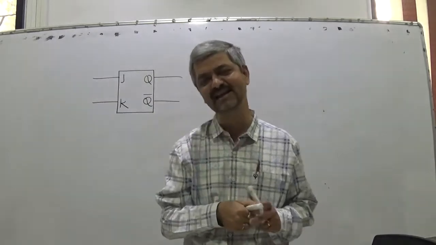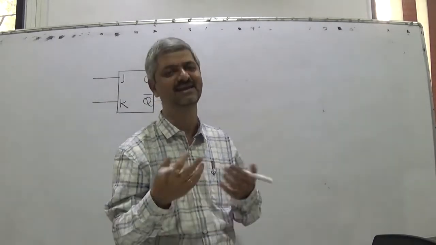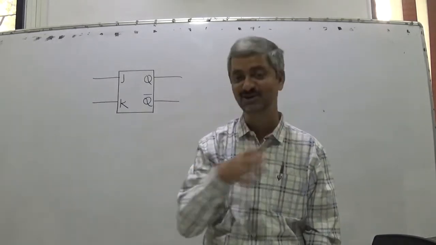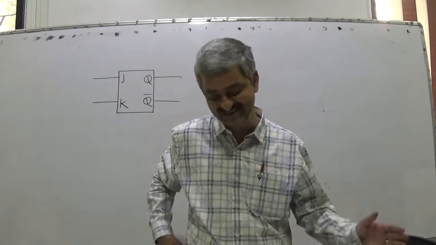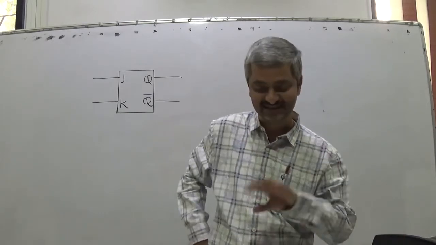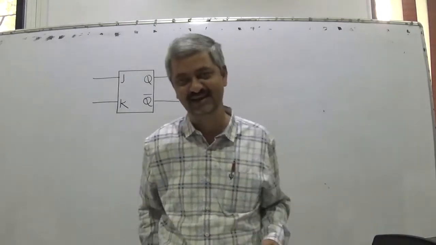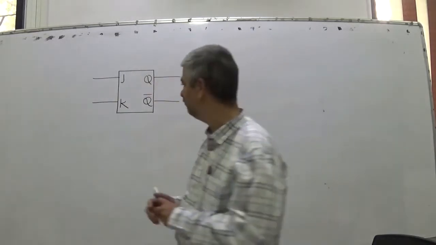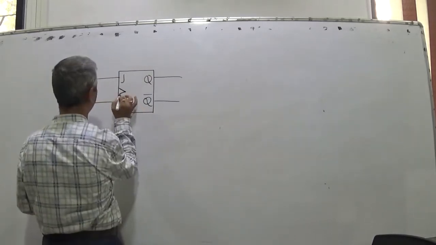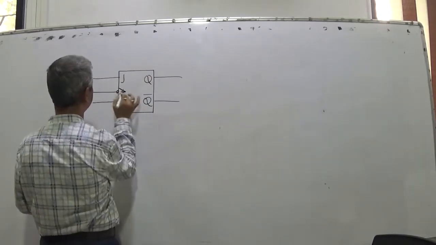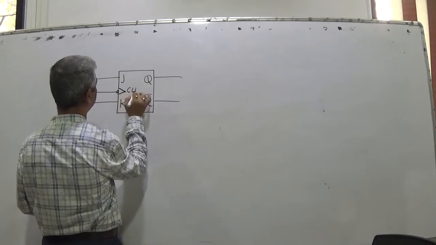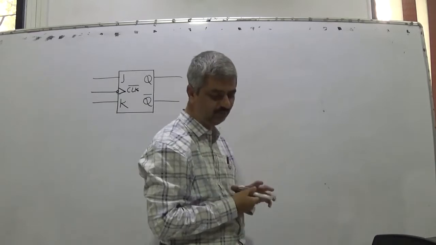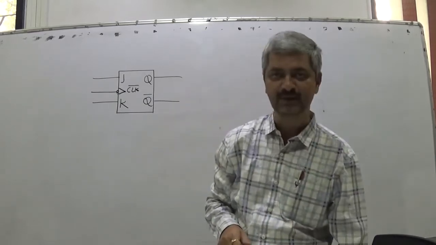The names J and K are said to be given as Jack and King, and Q as Queen. Why such names were given, let us not spend our time on that discussion. And it is having one pin called clock pin, CLK bar.